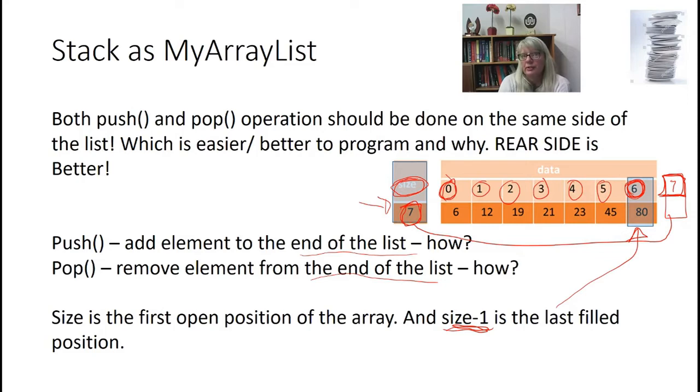You have to understand this before we continue. If you don't, rewind, listen again, or just think about it. Size, although it's just a number indicating the number of filled elements, has this very cool property that it gives you the index of the first empty element, and size minus 1 the index of the last filled one.